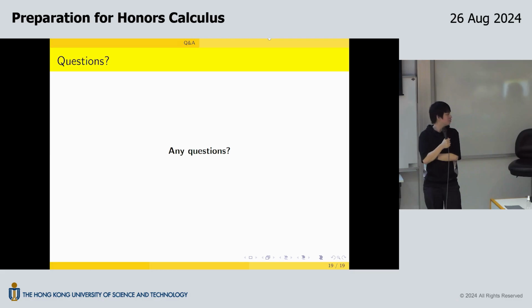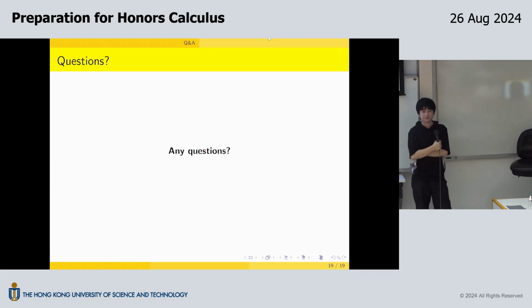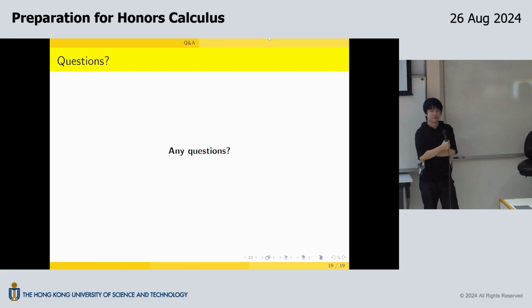We do have an academic scholarship for students at the top, like the 10 percentile of the whole cohort. Yeah, but I know some of you already got an entry scholarship, so there's a cap for the scholarship you can get at UST. So you can consult us individually if you're concerned about the scholarship.